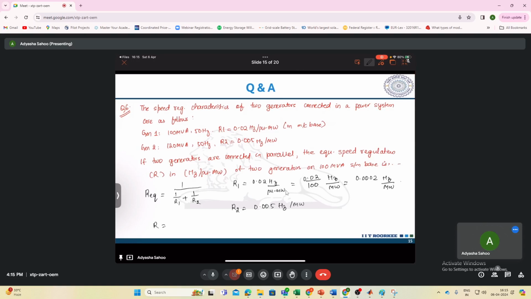So R will be 1 by (1 by R1 plus 1 by R2). That will give us 1 by, so 100 by 0.2 will be 5000, and similarly this will also be 200.